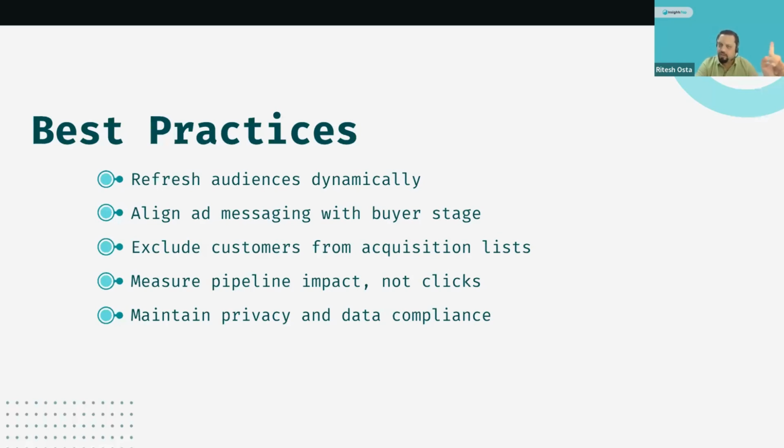Measuring clicks is good traditionally, but you also need to measure the pipeline impact. And maintain privacy and data compliance. Absolutely, that's super important. Bridge ads are super good with that. If you're sending people email, you might be breaking some GDPR rule here and there. But if you're running ads, for the most part, you are safe from the data compliance point of view.